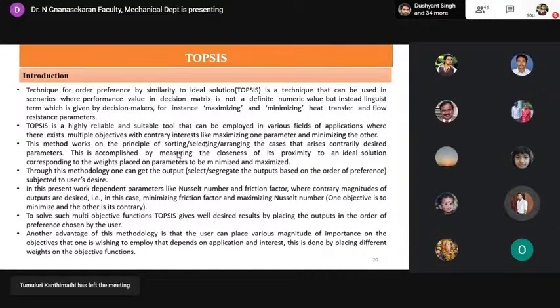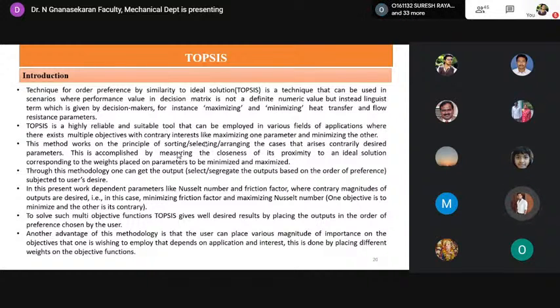So now when we figured this out, with respect to the porosity and pores per inch, when we analyze these two, how do we represent them? That is very important. How do we represent these effects on the heat transfer and the pressure drop? So when we looked into the literature, we figured out this Topsis method.